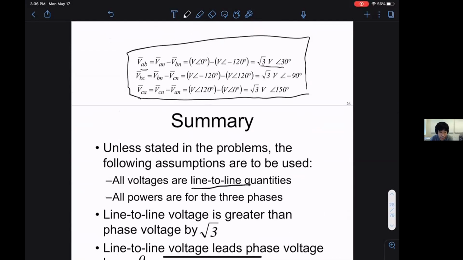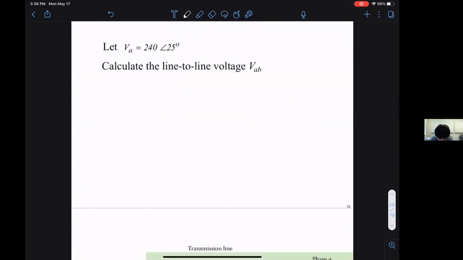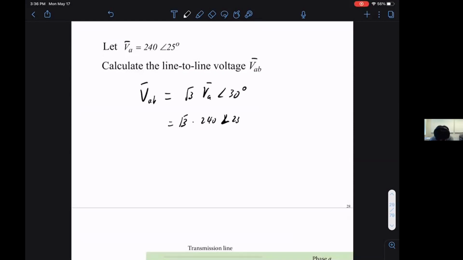So then what we find is VAB as a vector is √3 times VA with an increased angle of 30 degrees. So you put all this in: 240 angle 25, multiplied by angle of 30 degrees.